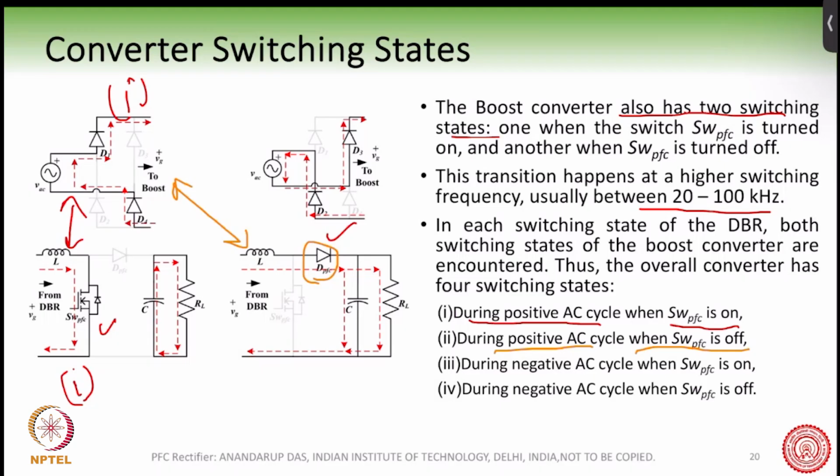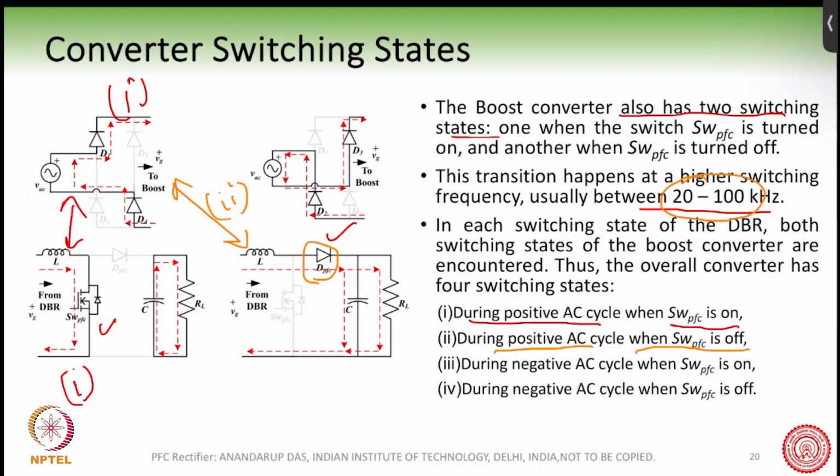So this is condition number 2. These two states will alternate as the boost converter switch and diode are switching. Remember, the boost converter is switching at a much faster frequency than the diode bridge rectifier.